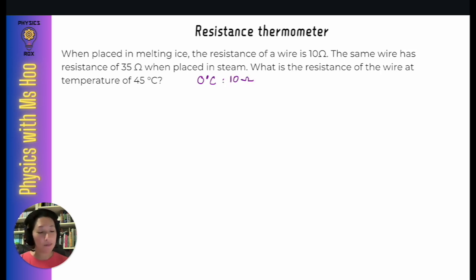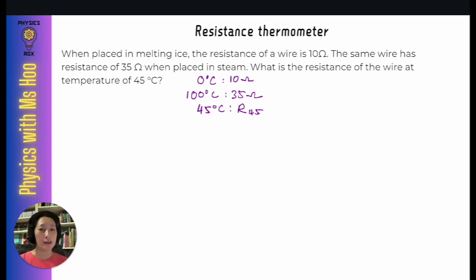Now in steam, that's 100 degrees Celsius. So I'm going to write here 100. This is 35 ohm. Now, the unknown is no longer the temperature, it's a resistance. So we know that the temperature is 45 degrees Celsius. The unknown, I'm just going to put this as R. Let's put R45, indicating that's a resistance at 45 degrees Celsius.